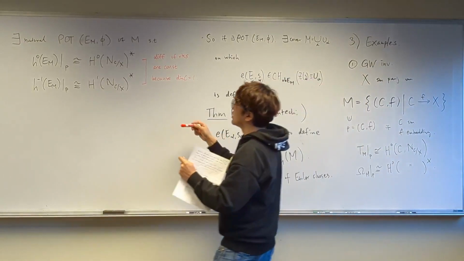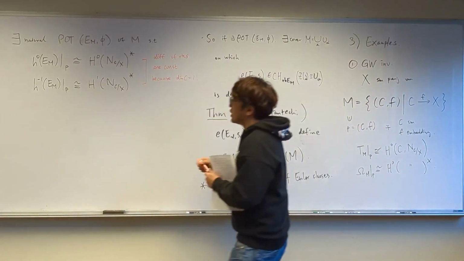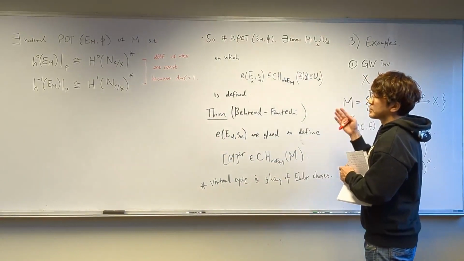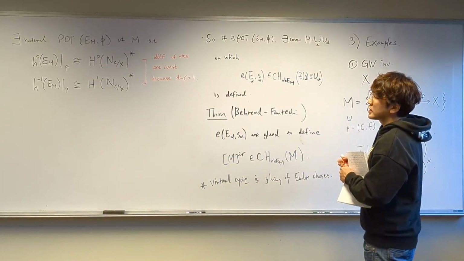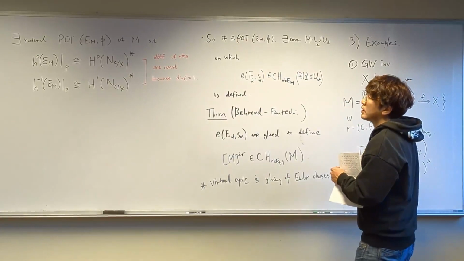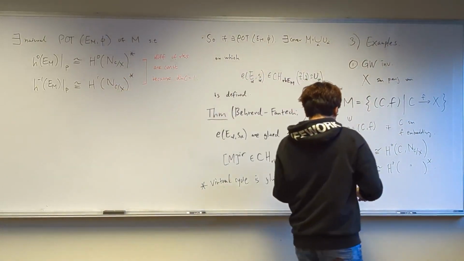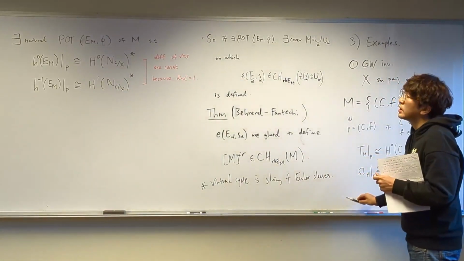So other than degrees 0 and 1, everything vanishes, and because the Euler characteristic should be constant, the difference of this rank should be constant.